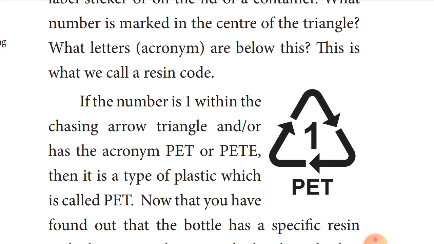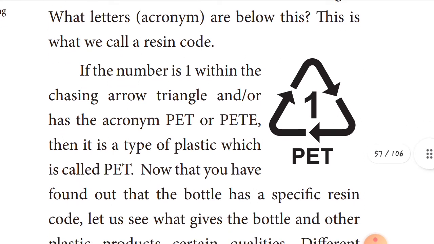So different chemicals are added to plastics to give various qualities and characteristics, for example flexibility, strength, softness and transparency also. There are some chemicals used in plastic that are dangerous to our health, to animals and to the environment also.